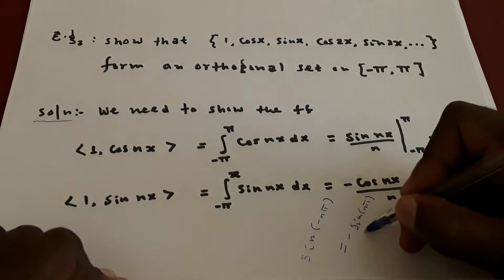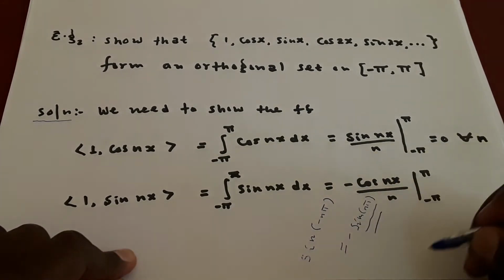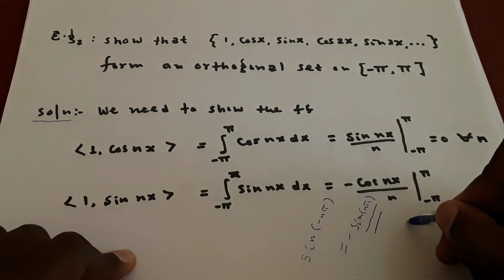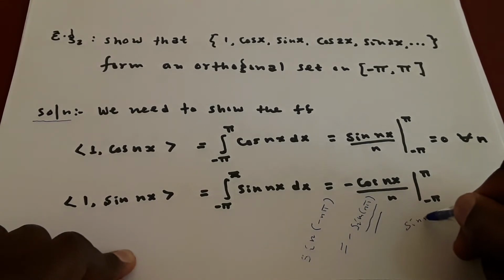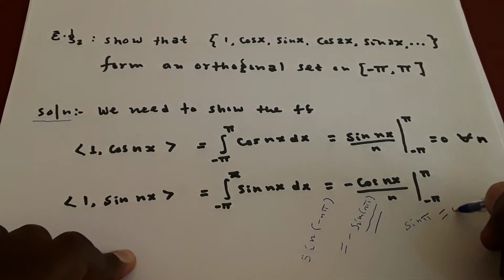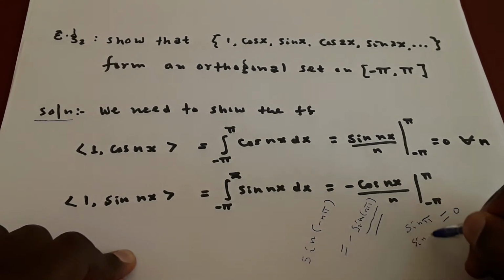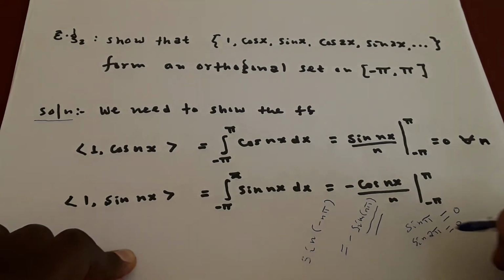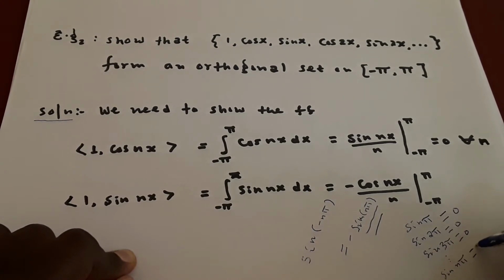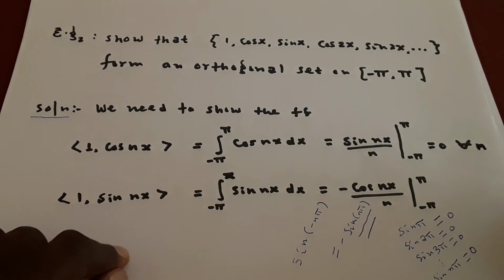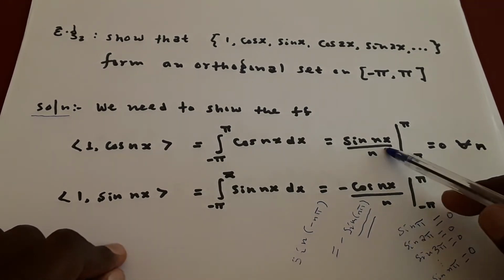And sine n pi is 0, because sine of pi, which is sine 180, is 0, sine 2 pi is sine 360, again 0, sine 3 pi is 0, and generally sine n pi is 0.